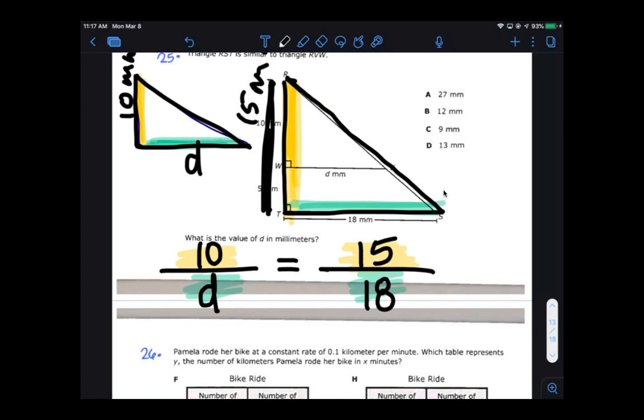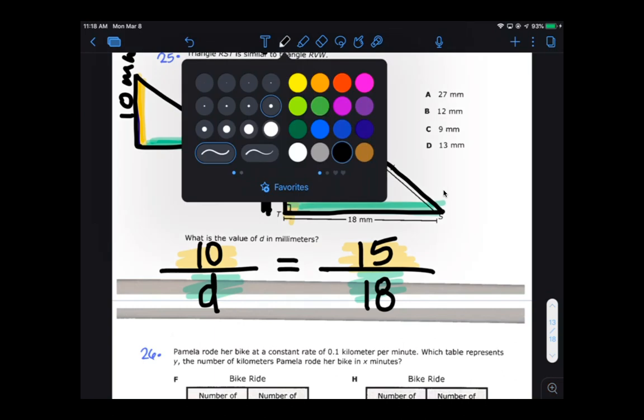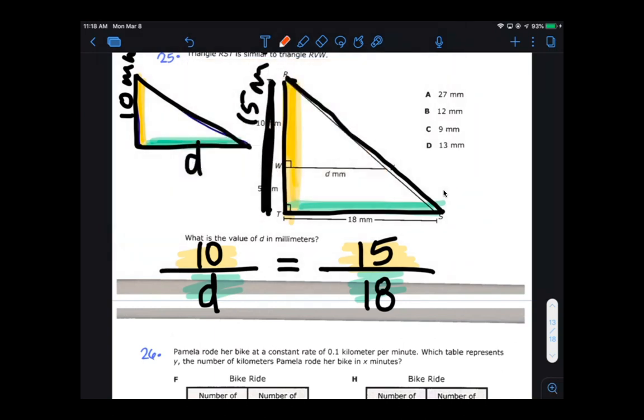Now we just need to solve it. I need a number that times 15 or divided by 15 gives me 10. But I think it'll be easier if I simplify before I do any work. I'm going to simplify these two numbers by 3. If I simplify 15 by 3, I end up with 5.